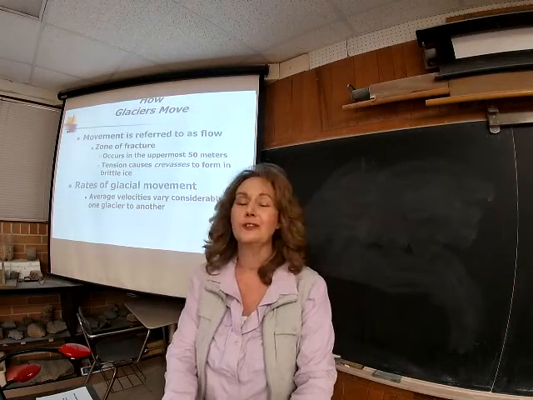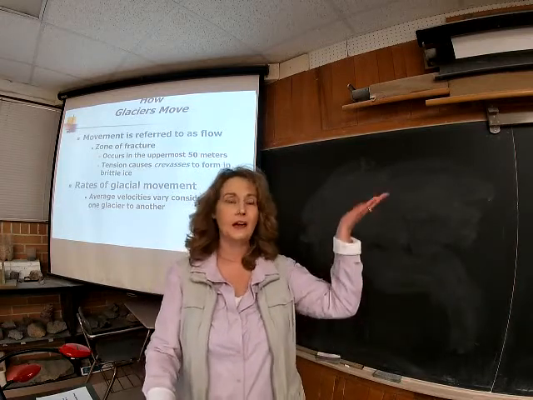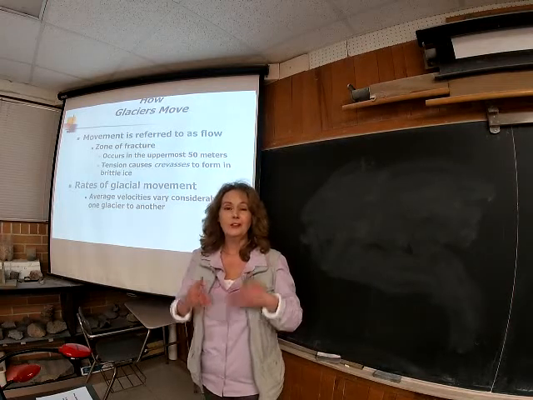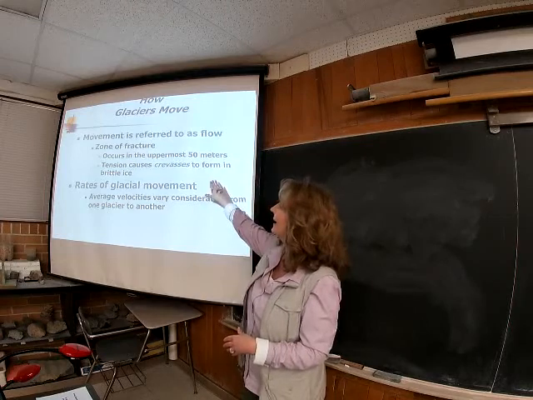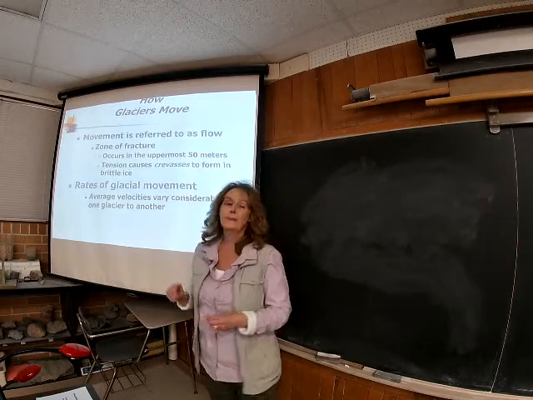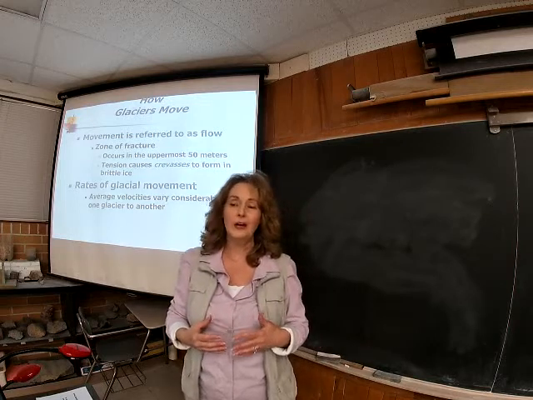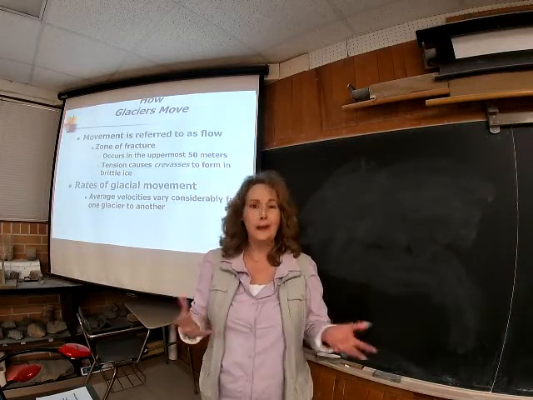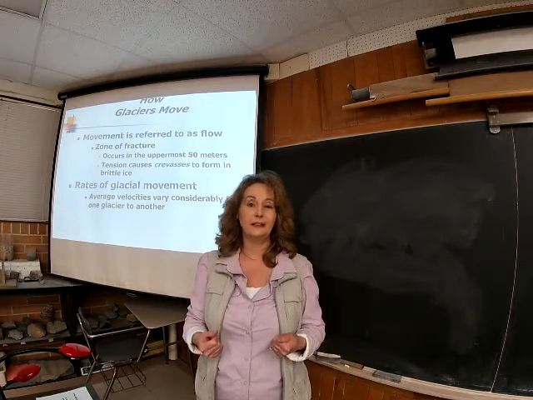Zone of fracture. You get the uppermost maybe 50 meters, or say 150 feet. This acts brittle, okay? And you can get fractures in them, and they're called crevasses. That term, crevasses, is where the upper part of the glacier is acting very brittle, and these can be very dangerous. People can get trapped down in there, as well as animals.